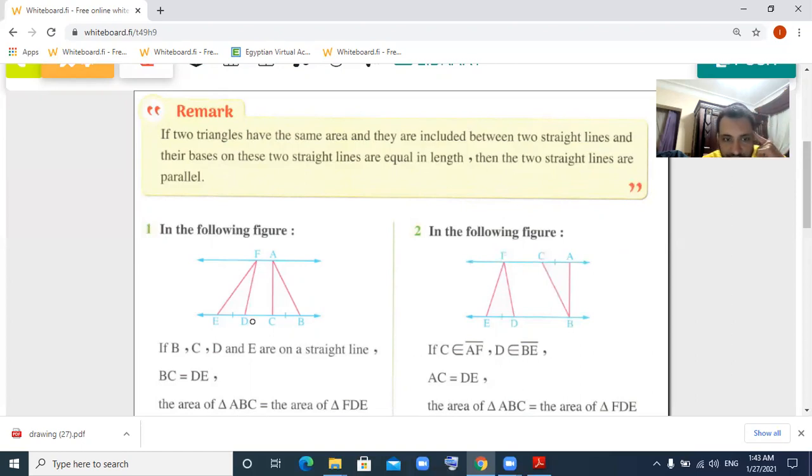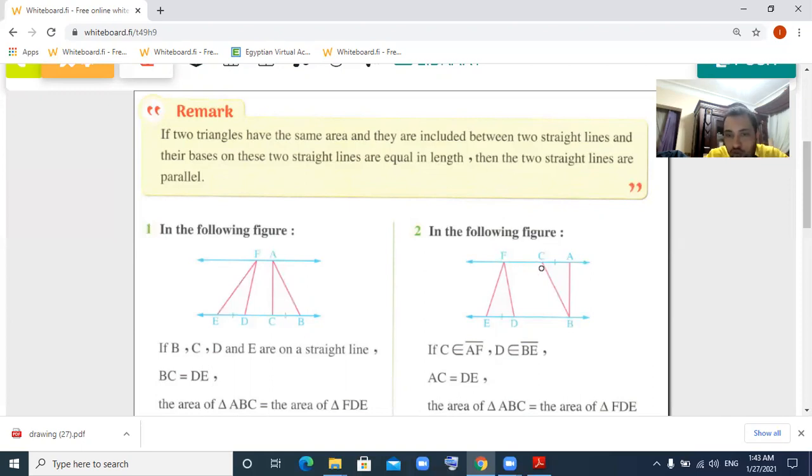In the previous lesson, we said that if I have two parallel lines, the two triangles which have equal bases are equal in area. Now we have the converse. If I have any two lines, not necessarily parallel, and two triangles with equal bases are equal in area, we can conclude that the two lines are parallel.